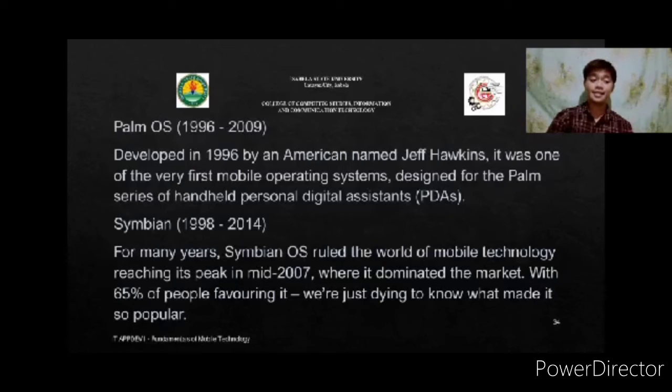Symbian, 1998 to 2014. For many years, Symbian OS ruled the world of mobile technology. It reached its peak in 2007, where it dominated the market, with 65% of the people favoring it. We're just dying to know what made it so popular.